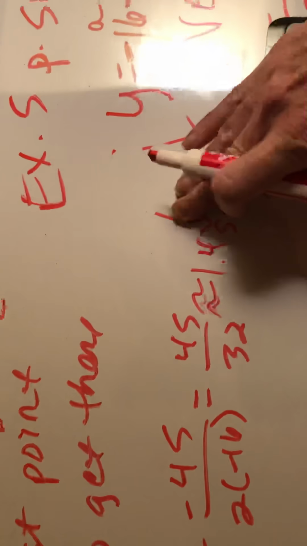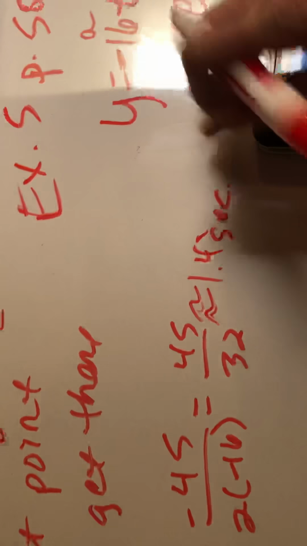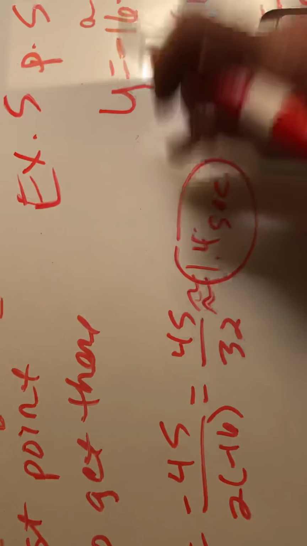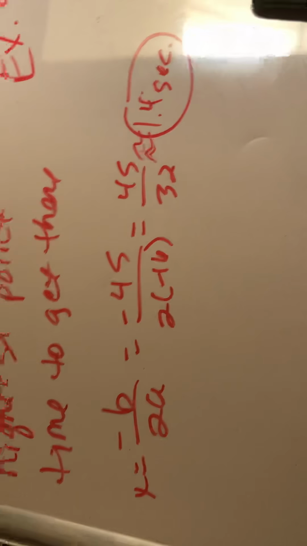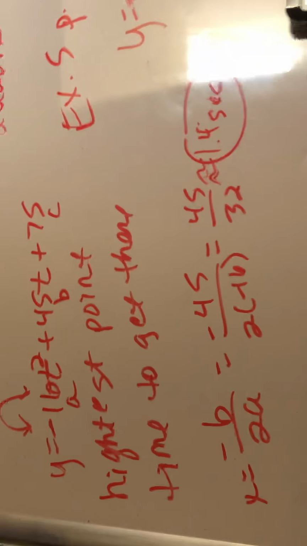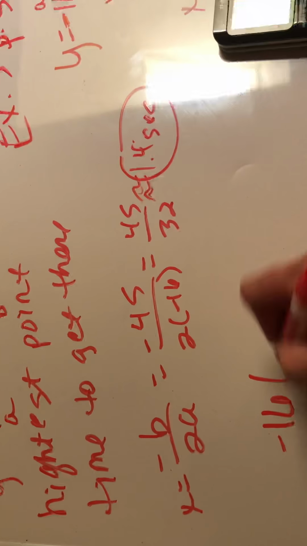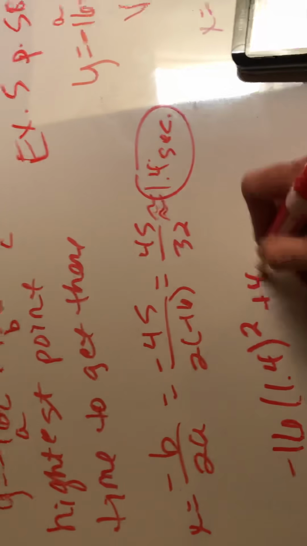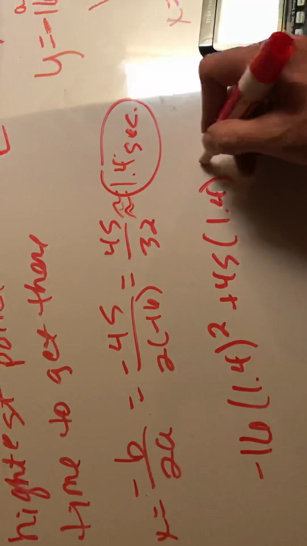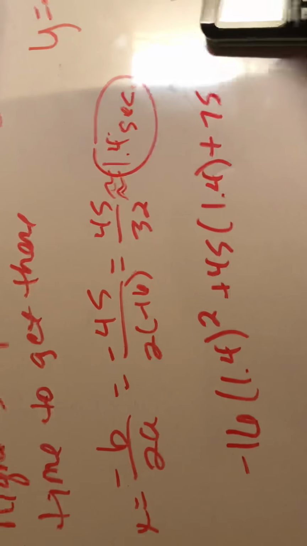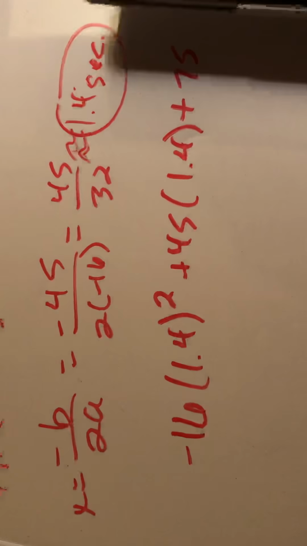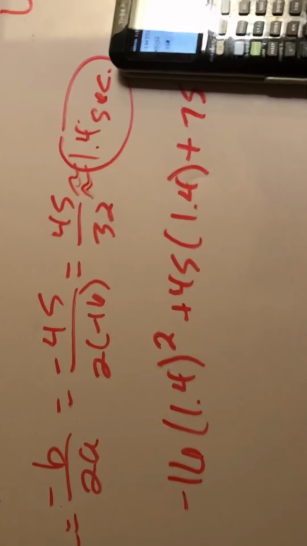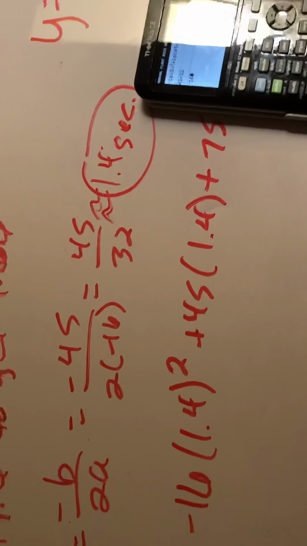So it's going to take 1.4 seconds to get to that highest point. Then we want that highest point. So to find the highest point, you plug in to the original equation. Plus 45 times 1.4 plus 75. So I just plug it into the original equation again. Grab your calculator and plug that in just like it is.